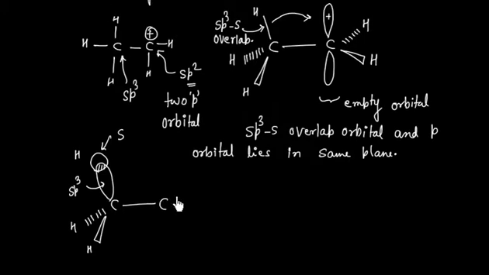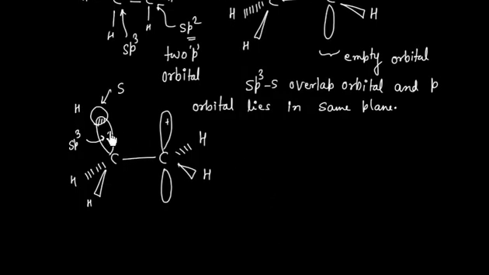Now we have carbon, one hydrogen going in, one hydrogen coming out. So what will happen in this case? Electron cloud can flow from this sp3 orbital to this p orbital. So basically there will be a bonding possible between this orbital and this orbital.